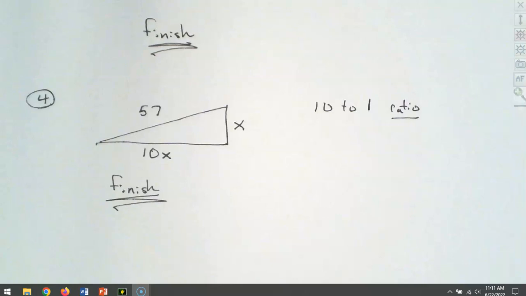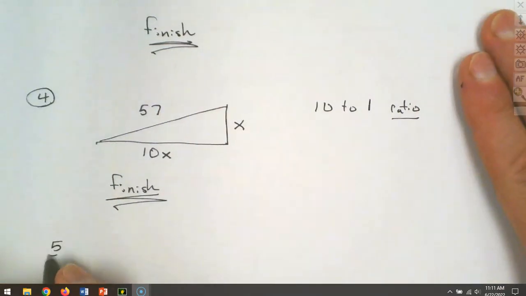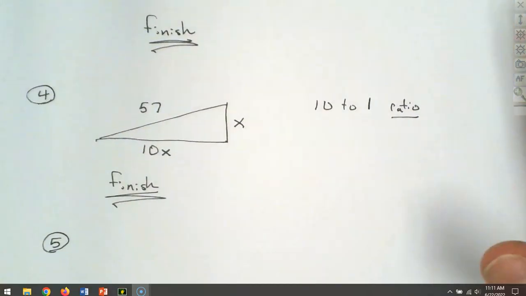I'm going to leave question 5 for you to work on your own. Now, one thing I will make sure you know on question 5, when you go to set it up, the hypotenuse is going to be the diagonal.